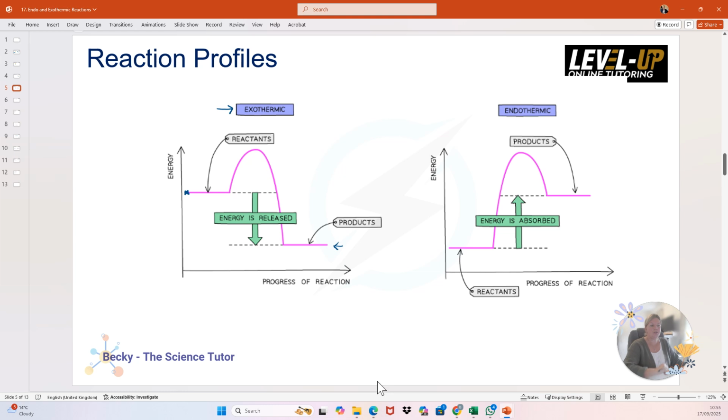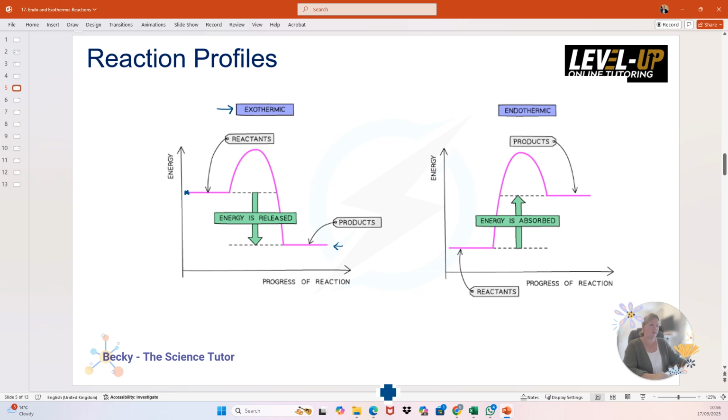So what you'll notice here is that because the products have a lower energy than the reactants, they must have given that energy out to the surroundings. And this is how we know it's an exothermic reaction. So simply by looking at where the reactants are, where the products are, which one's higher, which one's lower, we can work it out.